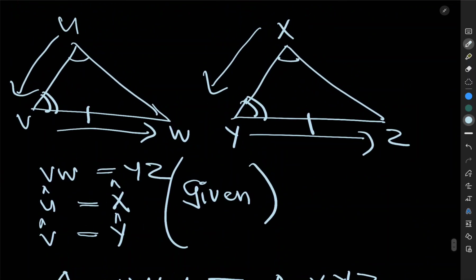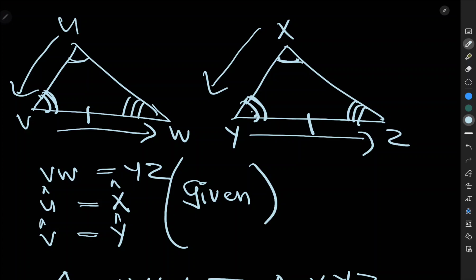If you have two triangles that have two equal angles and one equal side, you can assume that those two triangles are congruent. And obviously from here you can also deduce that the other angles are equal, because if angle U is equal to angle X and V is equal to angle Y, then automatically angle W has to be equal to angle Z.